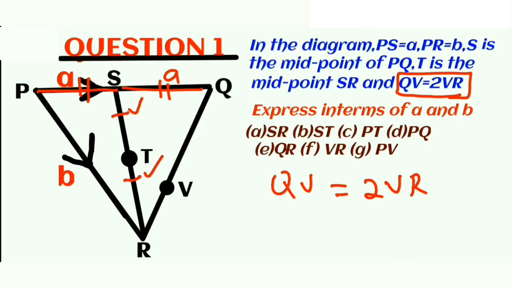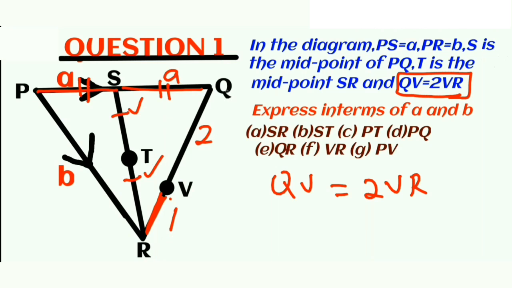It means this length VR enters twice into QV. So this is 2. But VR into VR equals 1. So it means 2 plus 1 equals 3.